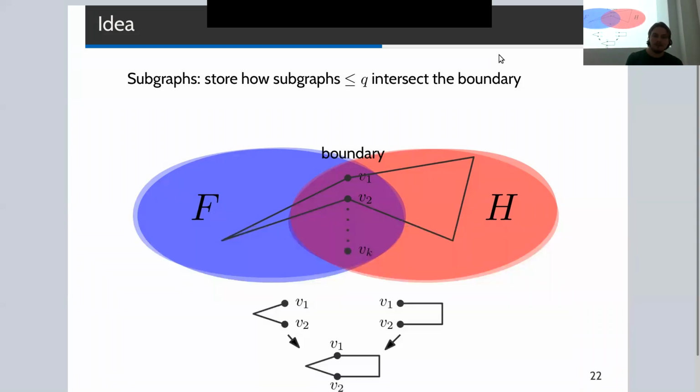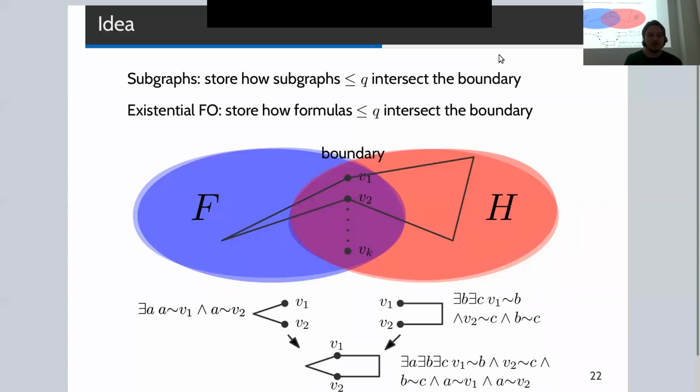And yeah, we wanted to evaluate logical formulas. So let's next turn to the next simple thing, which would be existential first order logic. You can only quantify existentially over vertices, and you can say whether they're adjacent or not. So here we can do the same thing. Existential first order logic is very similar to deciding whether a subgraph occurs or not.